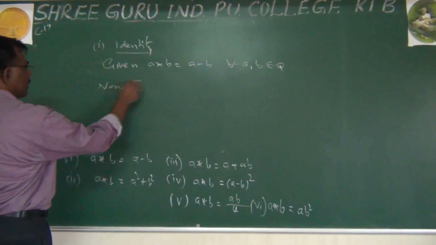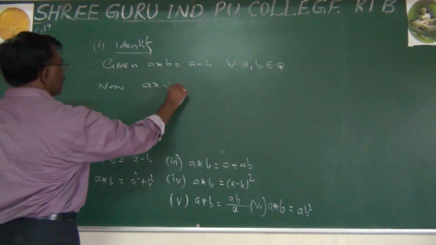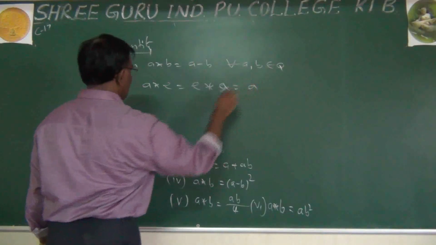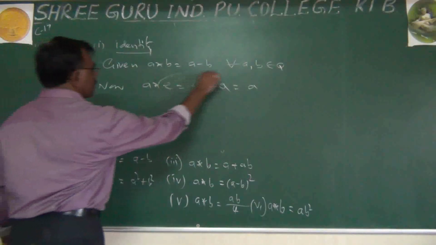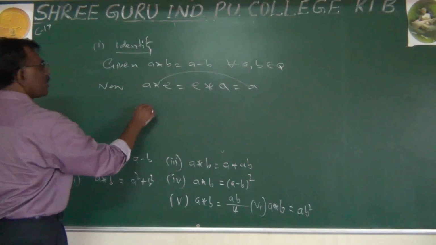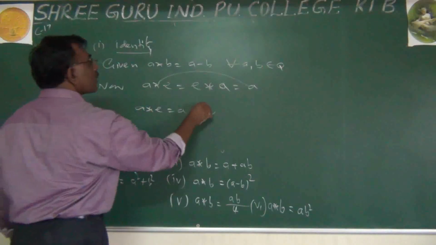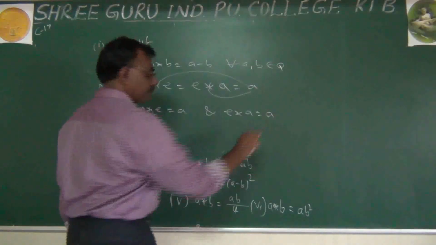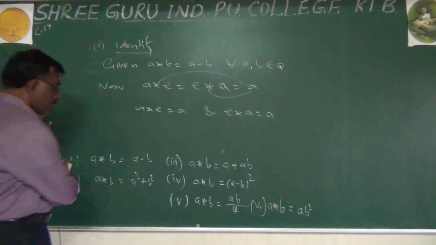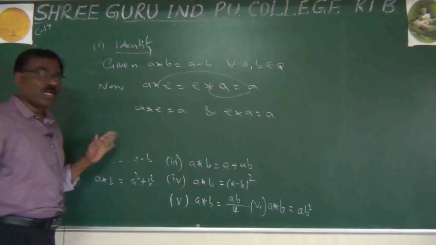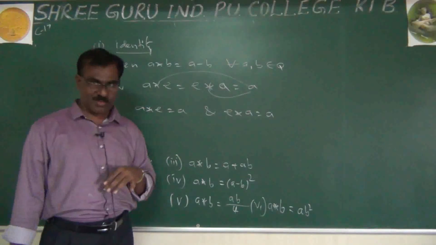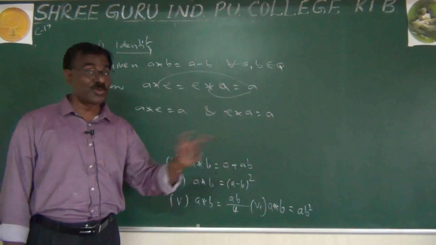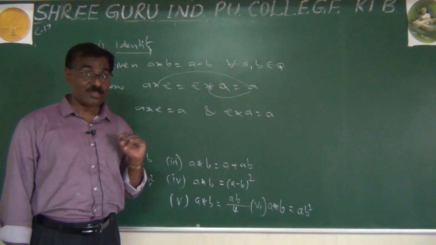Now I want the identity. A star E equals E star A equals A. Taking the first, A star E equals A and E star A equals A. Actually we cannot take both, but if they exist, then we have to take both.